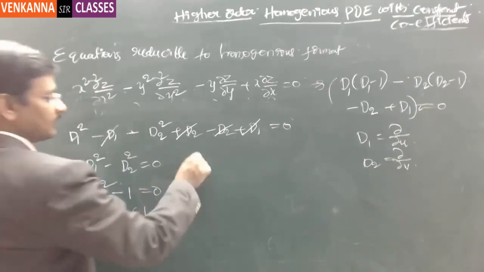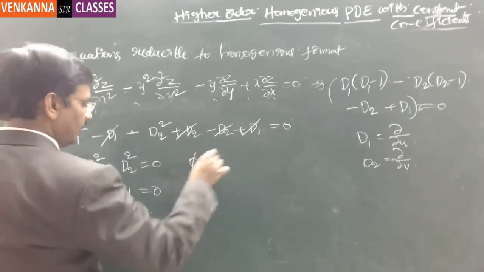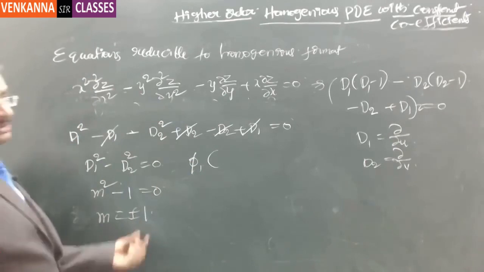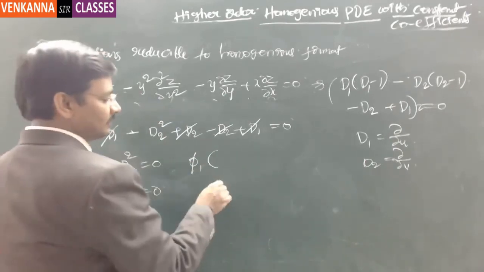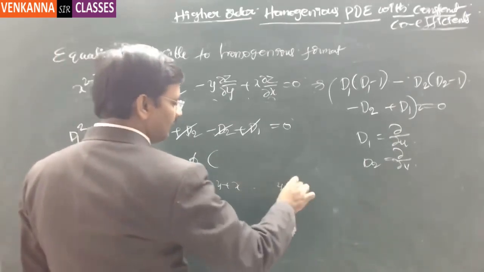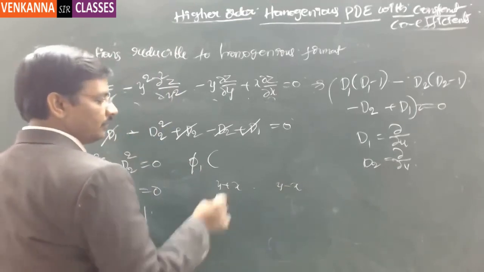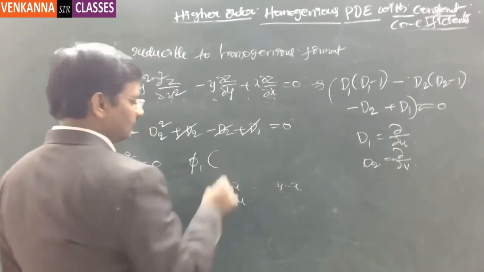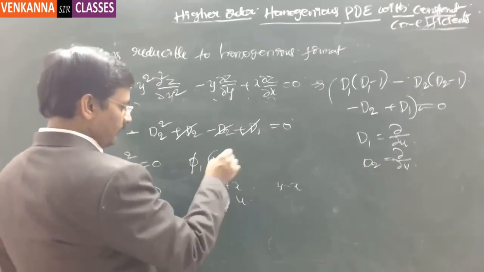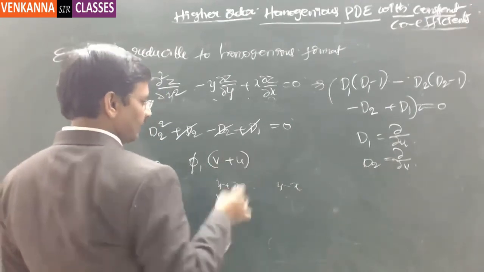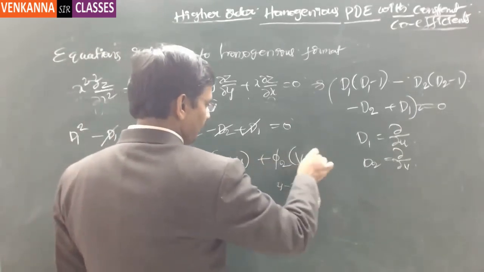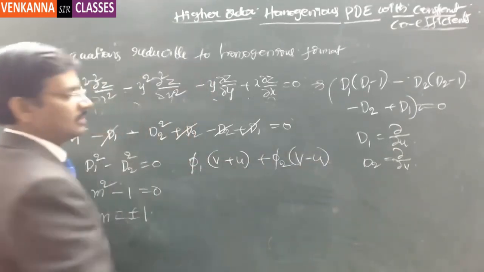So the complementary function will be phi 1 of y plus x. Usually it should be y plus x and y minus x. But here, instead of y I have used v, instead of x we have used u. So this is phi 1 of v plus u plus phi 2 of v minus u. So this is the complementary function now.